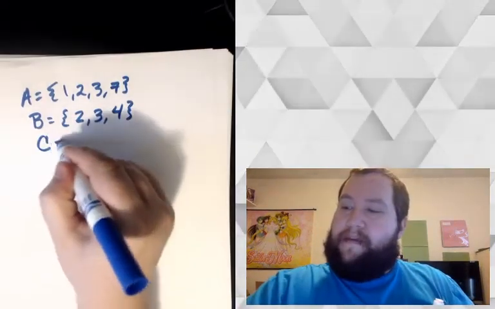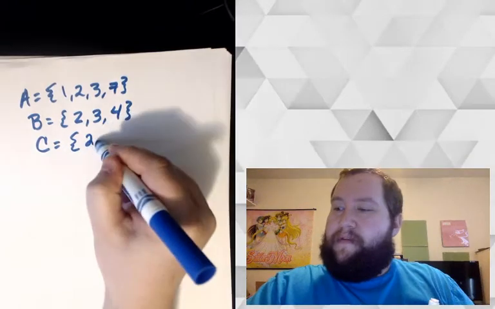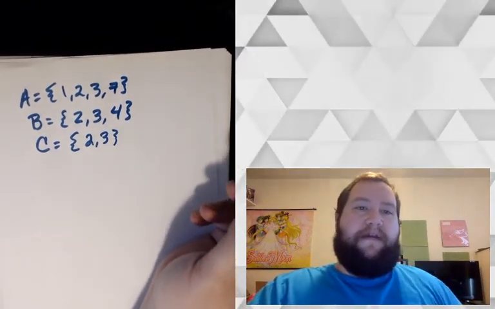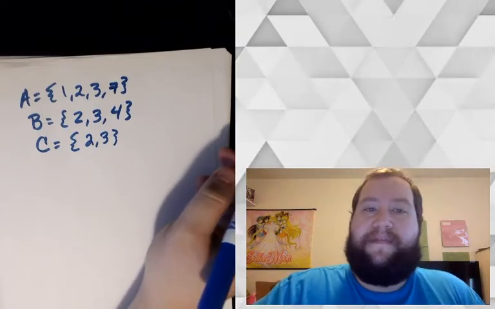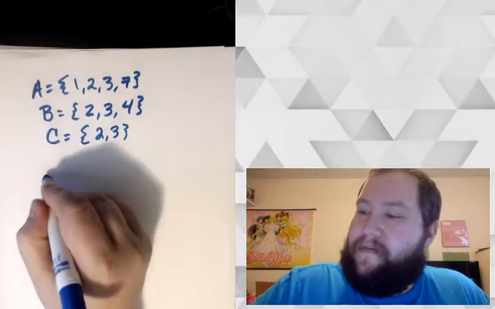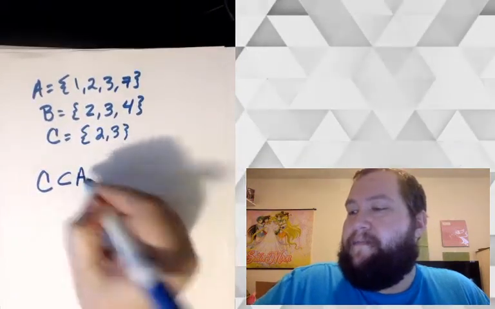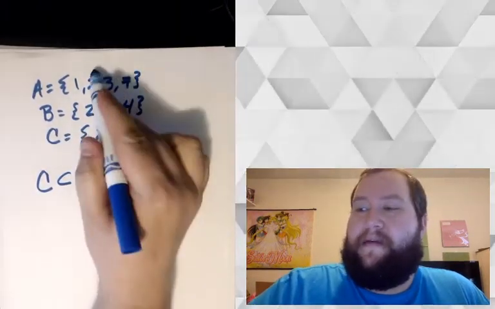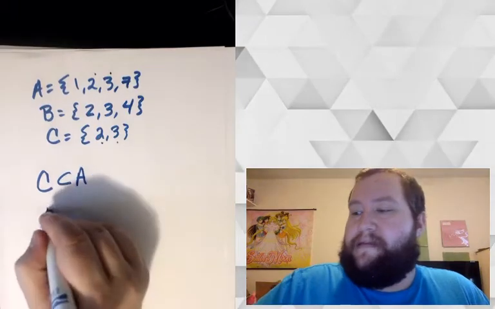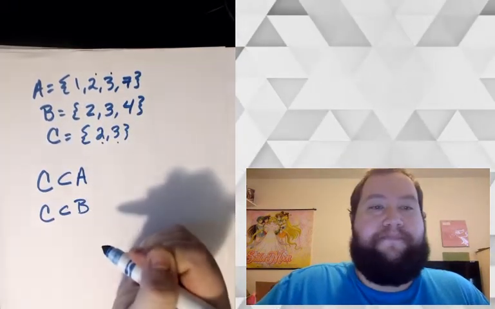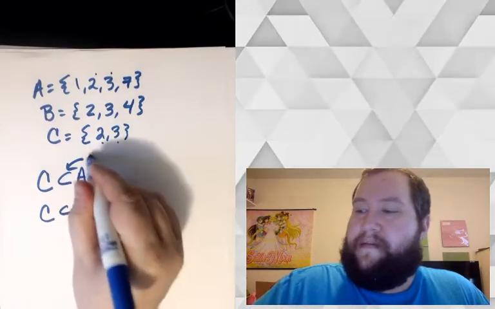And let's give C 2, 3. So we can talk about subsets. C is a subset of A because both 2 and 3 are in A. C is also a subset of B, and so this is a subset.